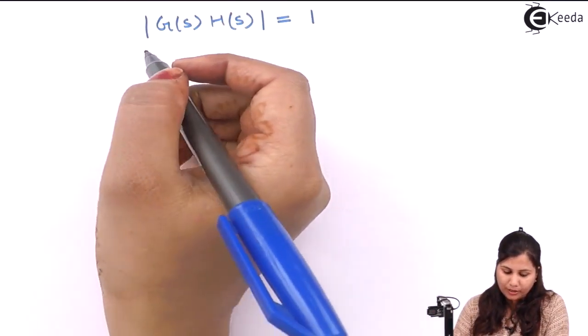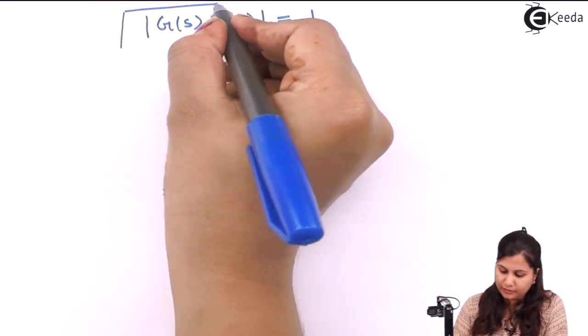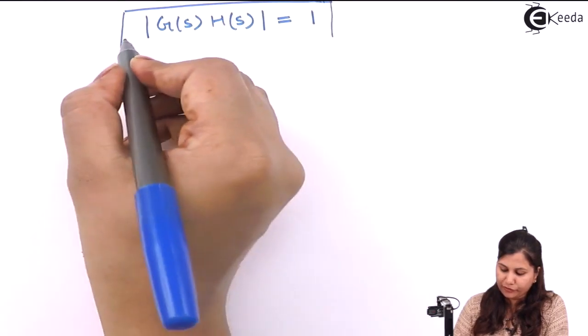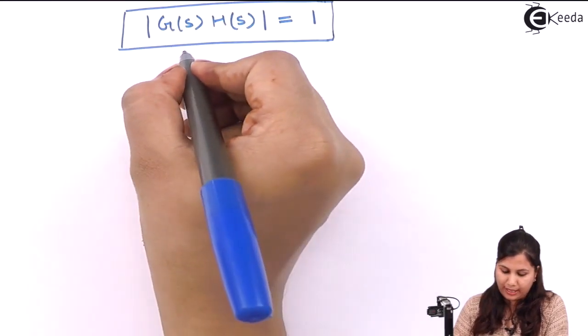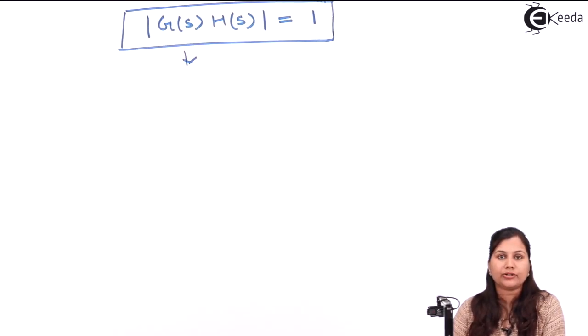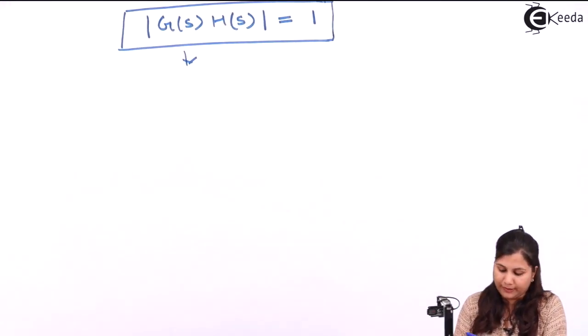Now this condition, that the magnitude of G(s)H(s) is equal to 1, is known as the magnitude condition to plot the root locus.